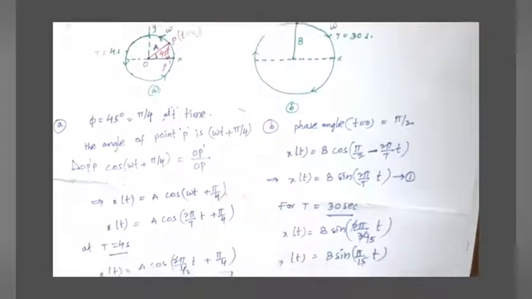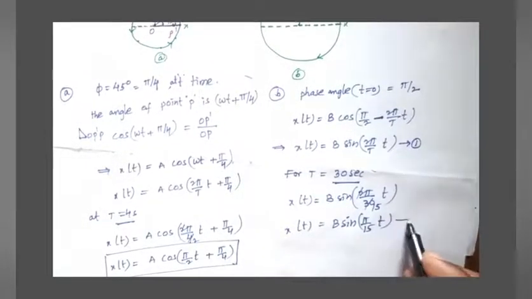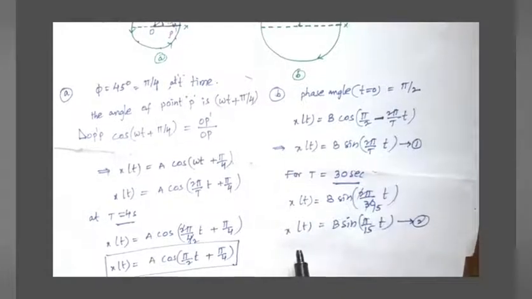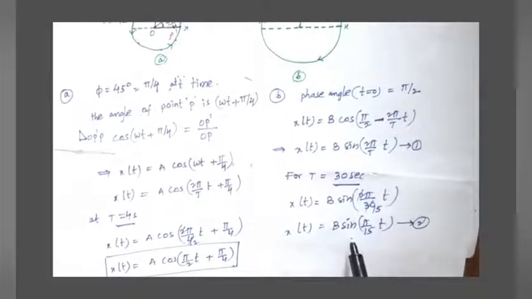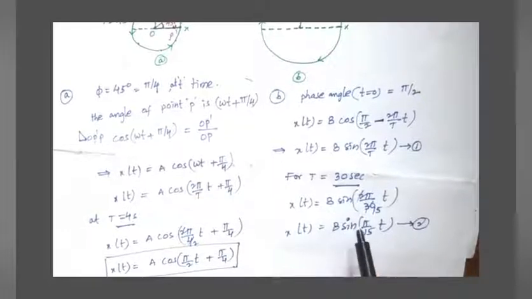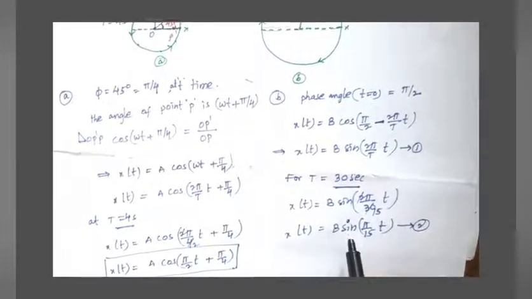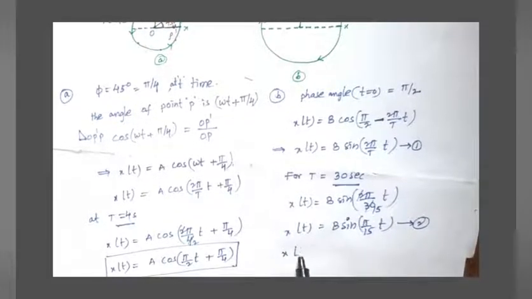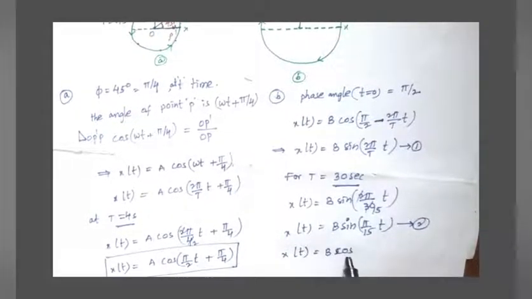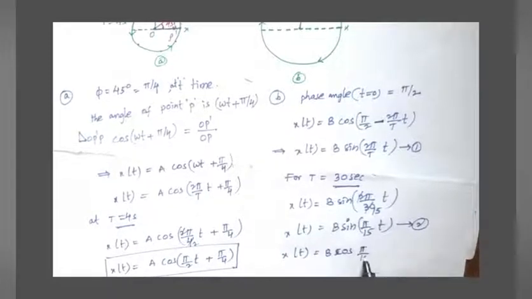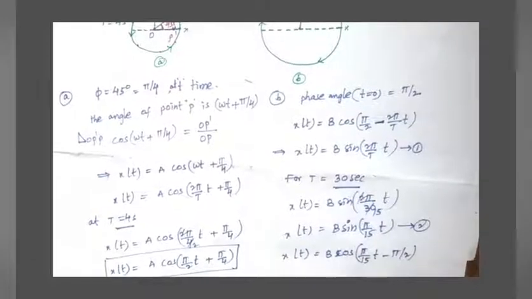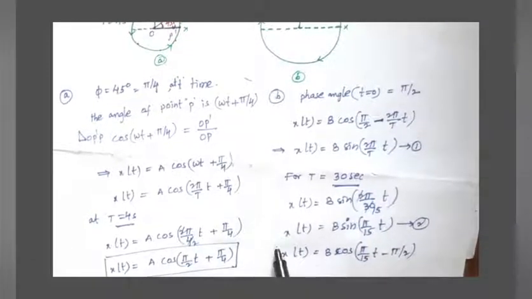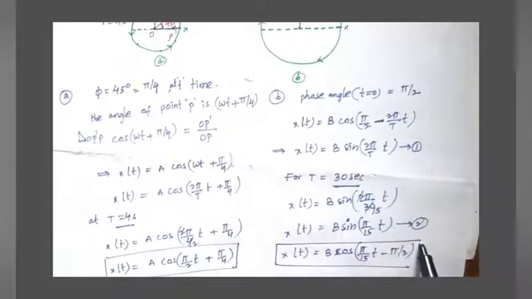This is the x of t value, but we had taken the displacement in cosine. This is also a simple harmonic motion, so it is converted to x of t equals b cos of pi by 15 t minus pi by 2. There is no change. This is the displacement equation of the second circular motion.